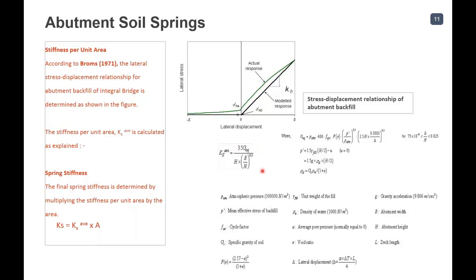The program asks for soil parameters like the void ratio, the specific gravity, the cycle factor, density of water, the deck length, and abutment height. All these parameters you feed in, the program will calculate this average stiffness, and then it will multiply with the unit area, the equivalent area, to get the soil spring stiffness.